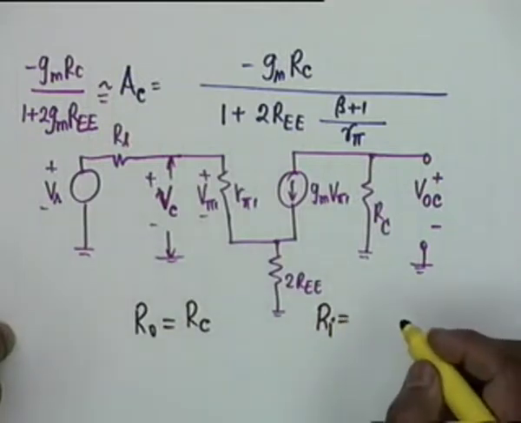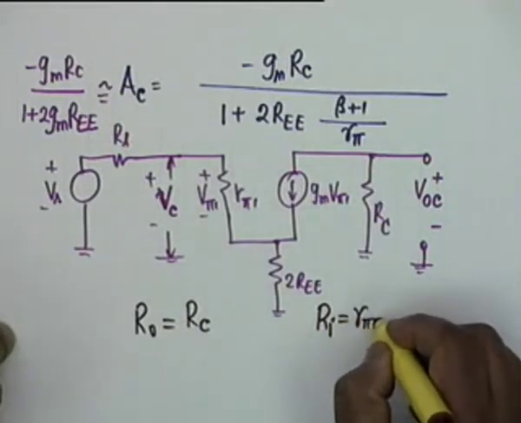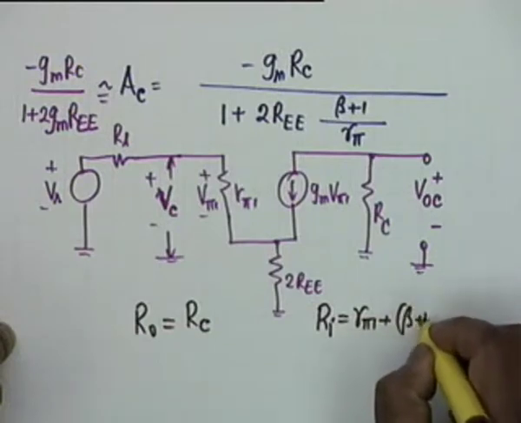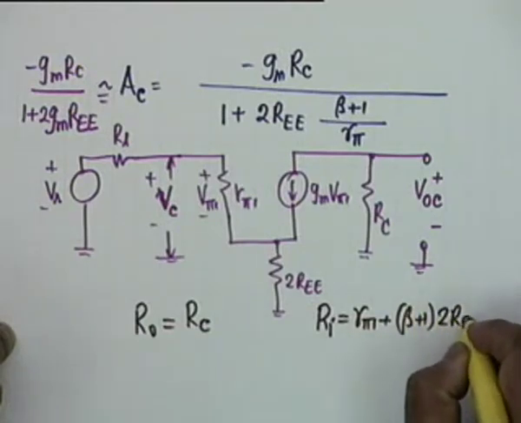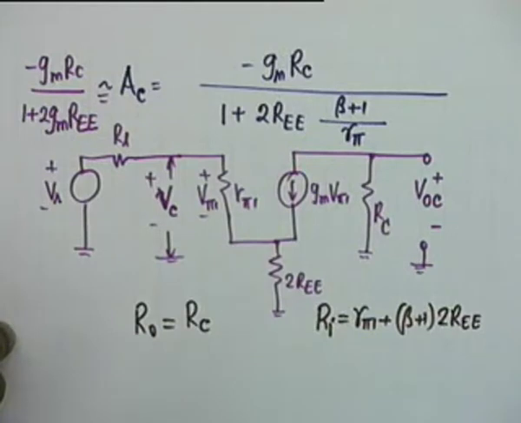What is the input resistance? R pi 1 plus beta plus 1 times twice REE. So in the differential mode it was simply twice R pi. In the common mode, a large resistance is added to R pi. So in the common mode, the input resistance is high.